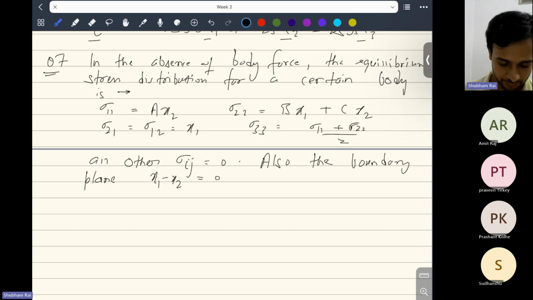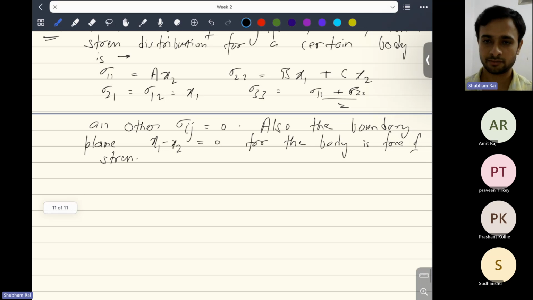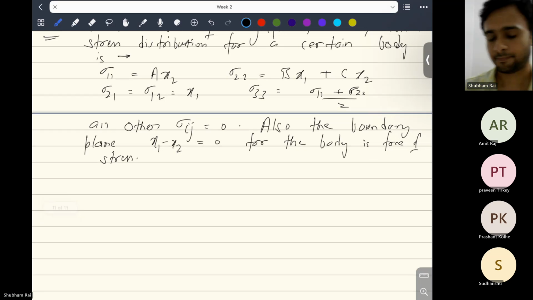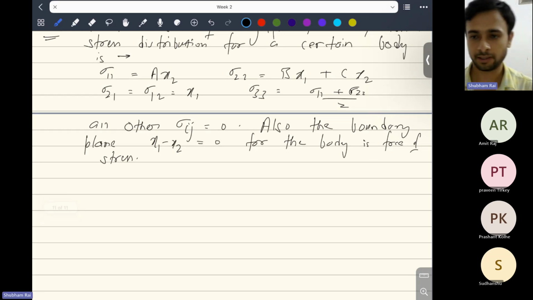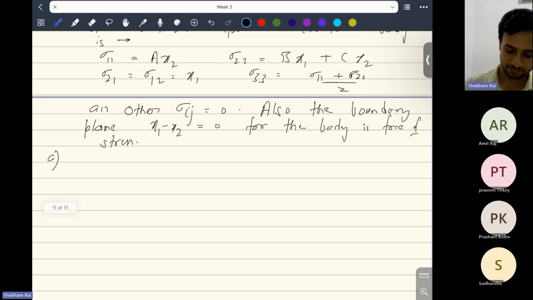And this boundary is free of stress. So the boundary plane for the body is free of stress. Okay, so there will not be any traction on this boundary. So you have to find the value of A, B, and C. Firstly, you have to find the value of C.